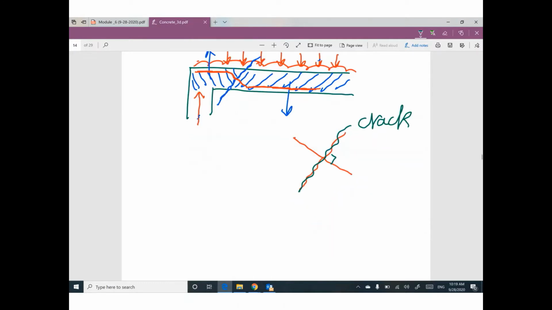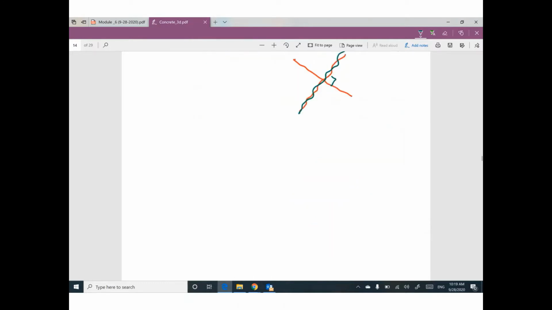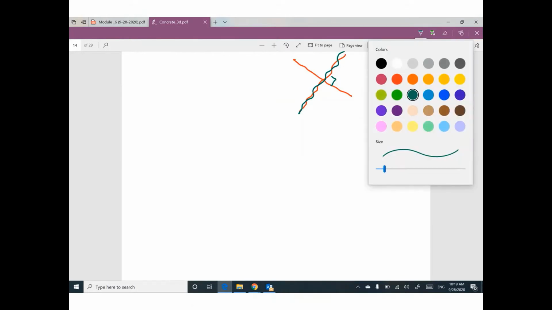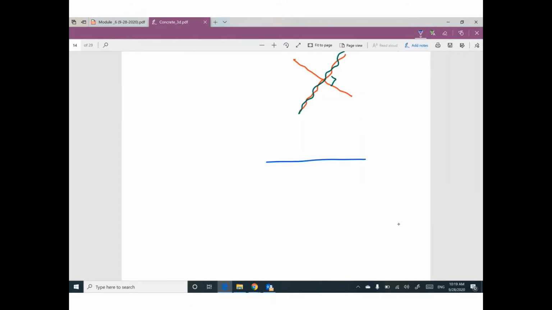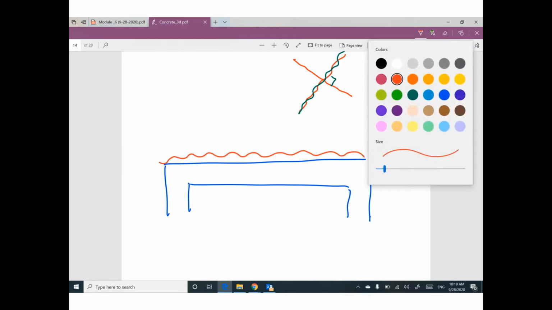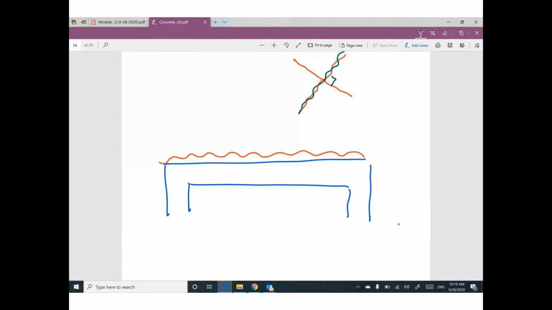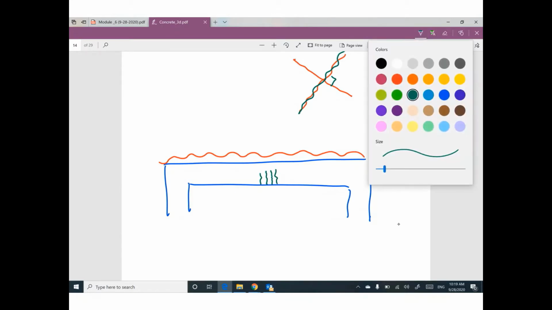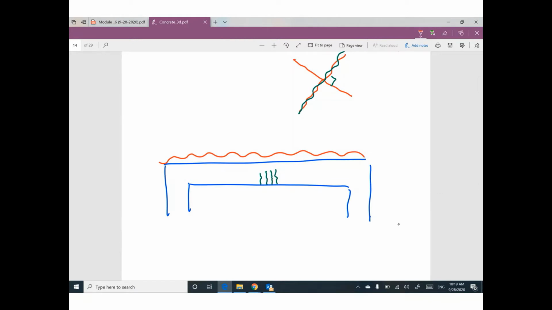Just also to make it clear for you. If you have a beam supported by two columns, and you have uniform distributed load, I believe this beam would like to break with vertical cracks at the mid-span. So your steel reinforcement must be perpendicular to these cracks.